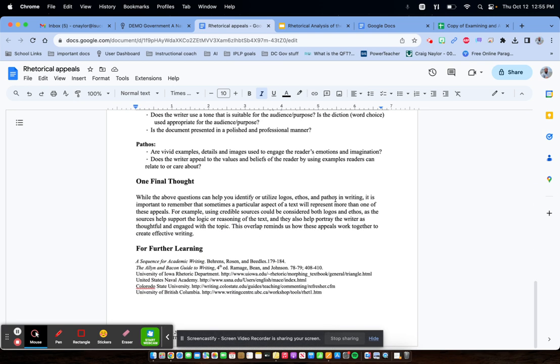While the above questions can help you identify or utilize logos, ethos, and pathos in writing, it's important to remember that sometimes a particular aspect of a text will represent more than one of these appeals. So it is possible that when you're answering it, you might have a different answer than somebody else, but they can both be right, as long as you justify your argument and tell me why, and your argument holds weight.